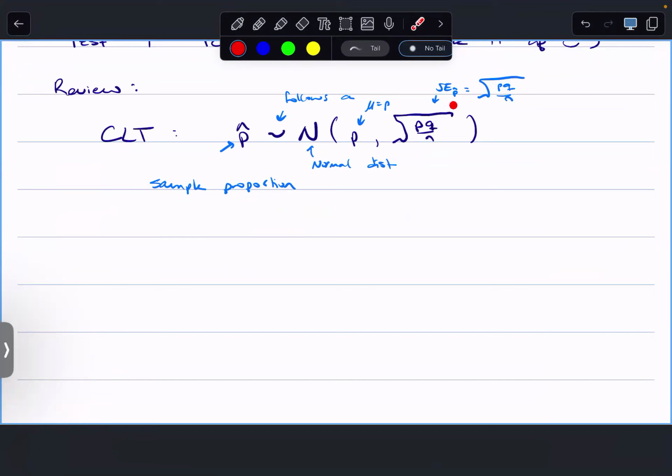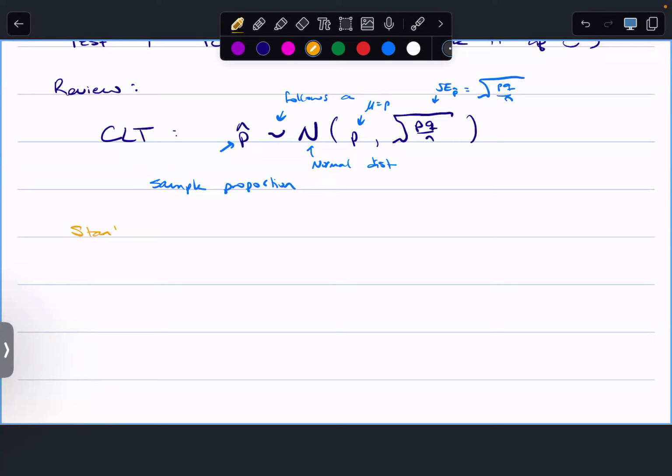All right, so this idea of the standard error is because the standard deviation is for a single observation, right? Whereas the standard error is for the distribution of a statistic. So here, I'll just make a note.